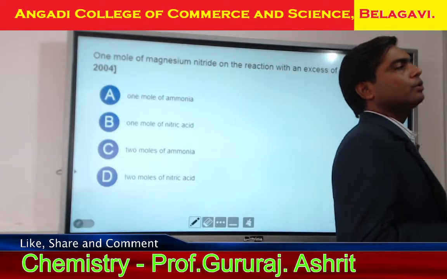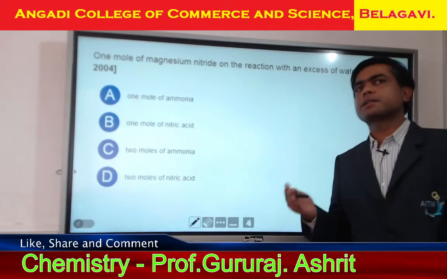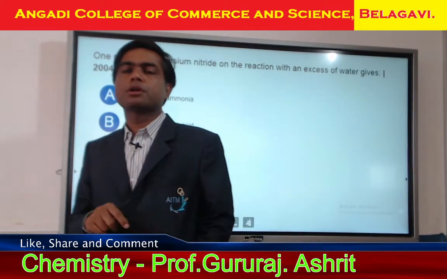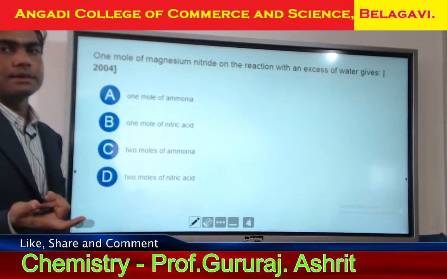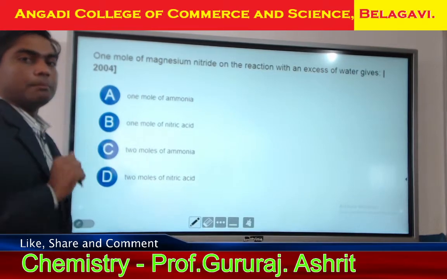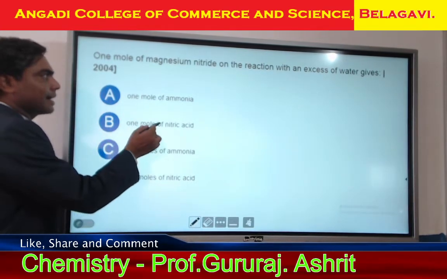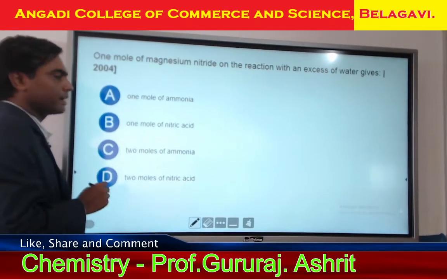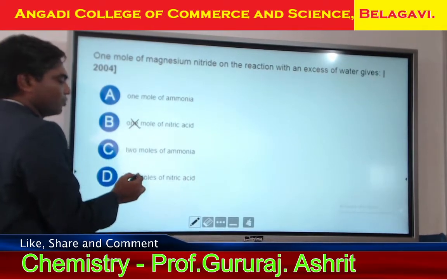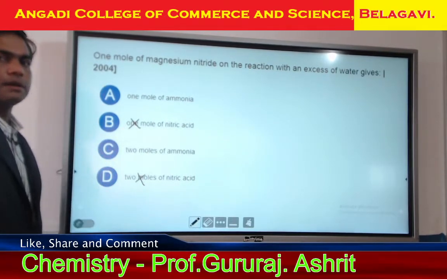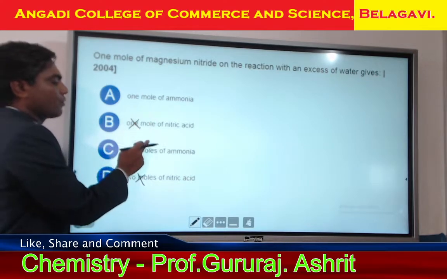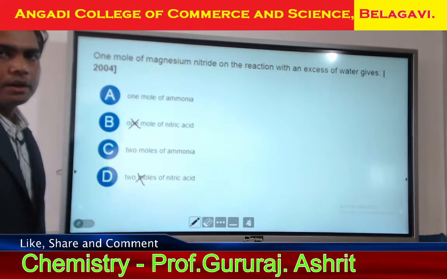Whenever nitrides, phosphides like that react with water, they will produce acids, but depending upon the metals. Nitric acid here is not present due to the magnesium. First remove these two options about nitric acid. Then I am left with 1 mole of ammonia, 2 moles of ammonia. Which one will be correct?